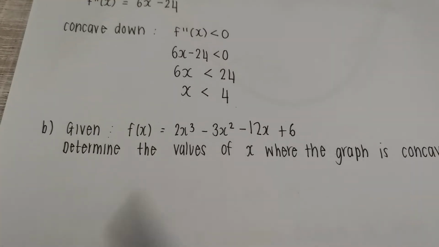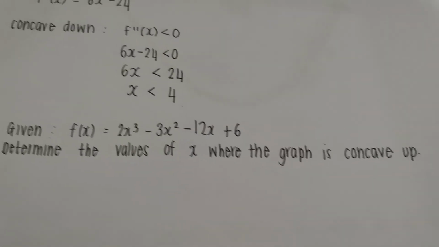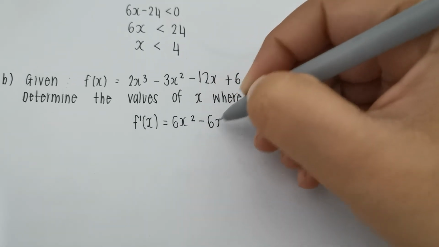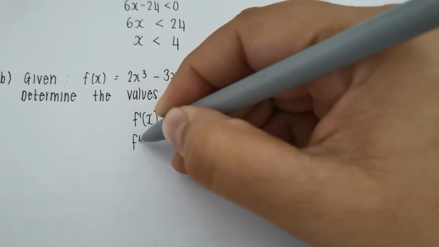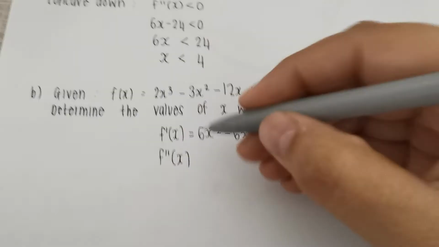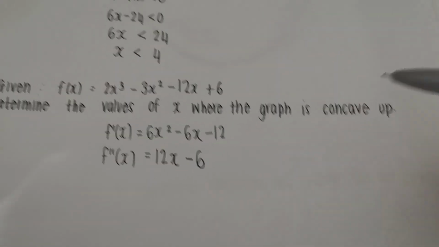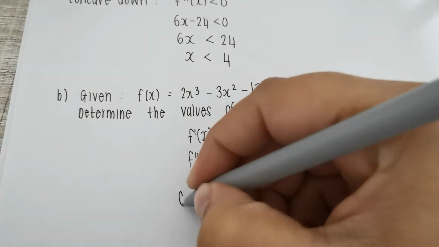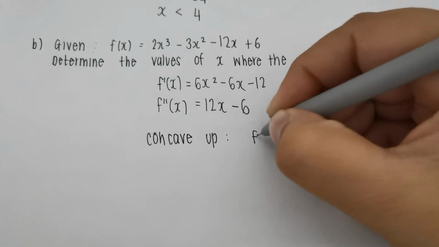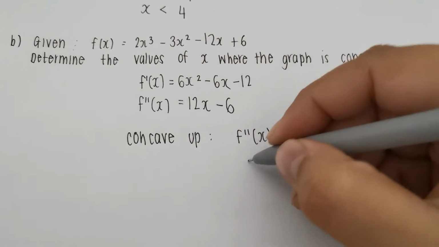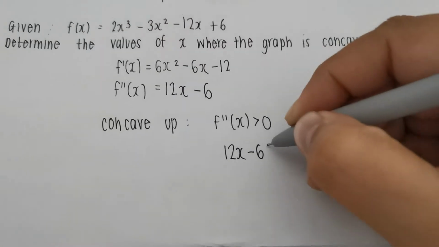I've given you the equation. I need to find where it's concave up. So I need to find the second derivative. So first derivative. Okay, second derivative. Okay, we want it concave up, so this here is going to be 12x minus 6.